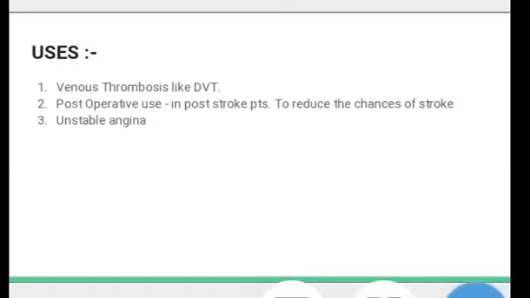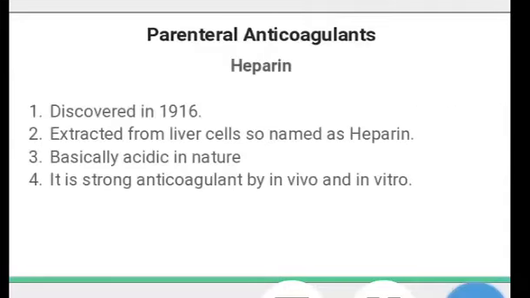The third use is in unstable angina. Unstable angina is pain which occurs during the resting position, and it is generally related to CAD. So these oral anticoagulants are used in the above conditions.